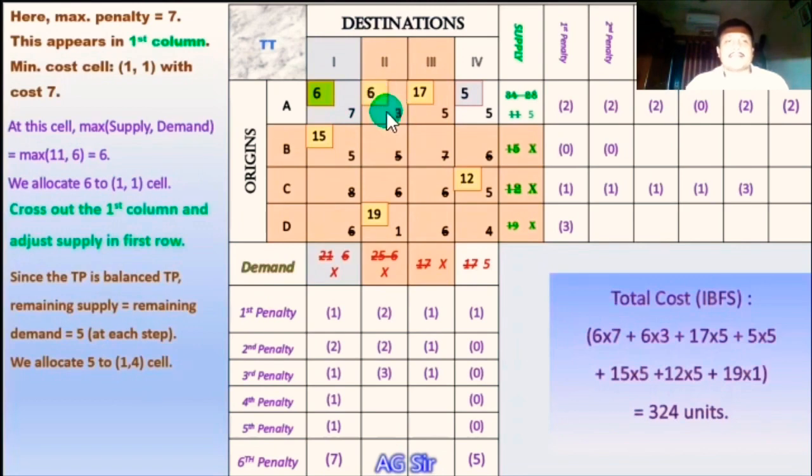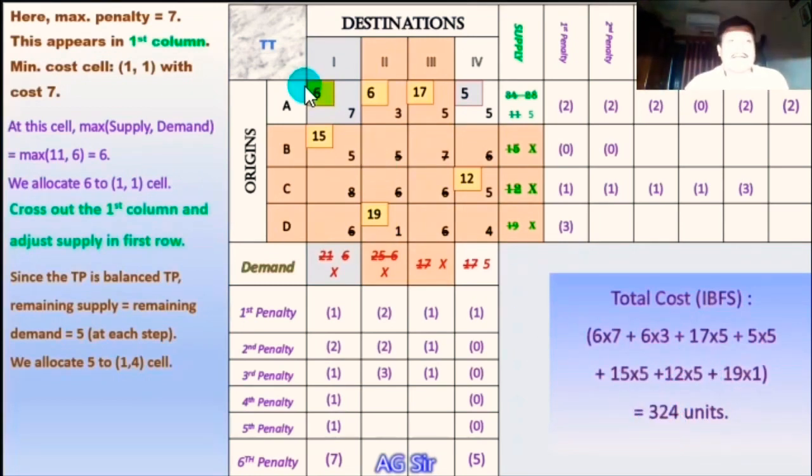Similarly, this cell costs you 6 into 3 units. This cell 17 into 5 units. This cell 5 into 5 units. This cell 15 into 5 units. This cell 12 into 5 units. This cell 19 into 1 unit. So the total cost is therefore 324 units.